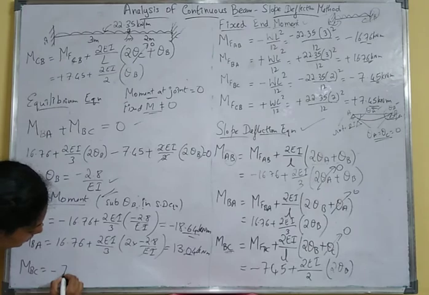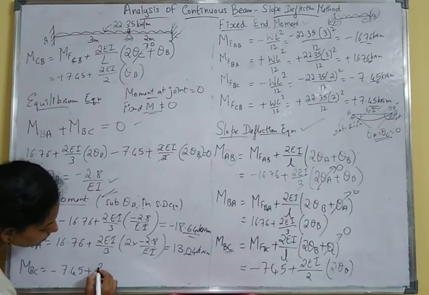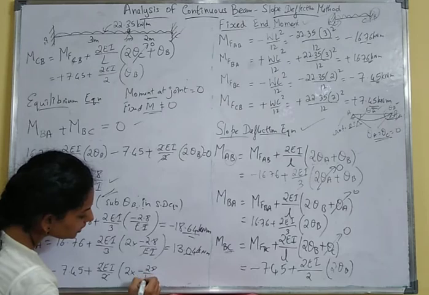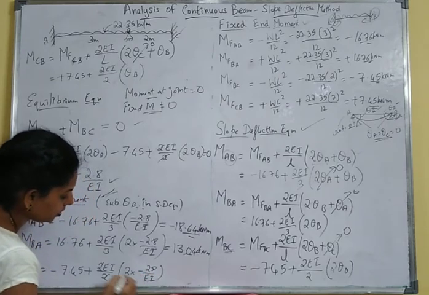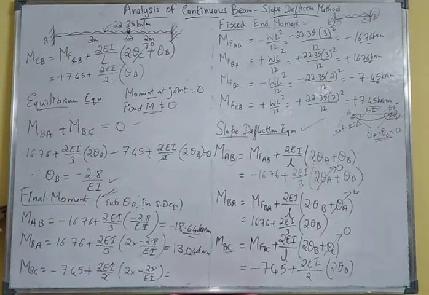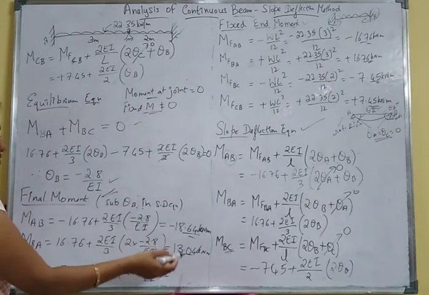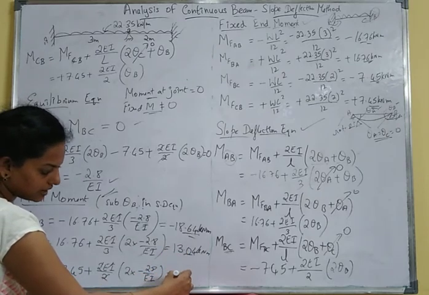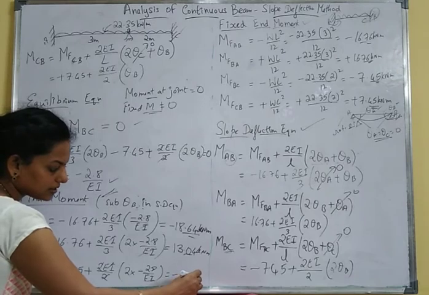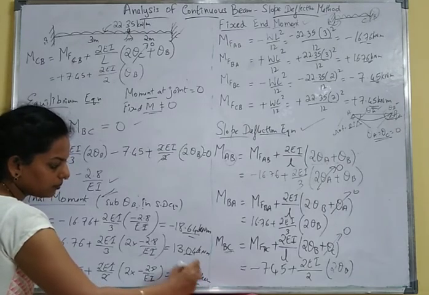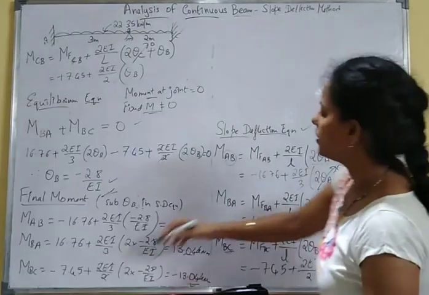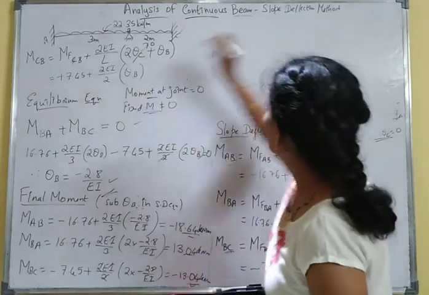MBC is minus 7.45 plus 2EI by 2 into 2 times theta B, again 2 into minus 2.8 by EI. Simplify, and you know from the equilibrium equation that at the joint the summation of moments should be equal to 0. So if it is plus 13.04 for MBA, here you will get minus 13.04. At that joint the moment will be equal to 0.